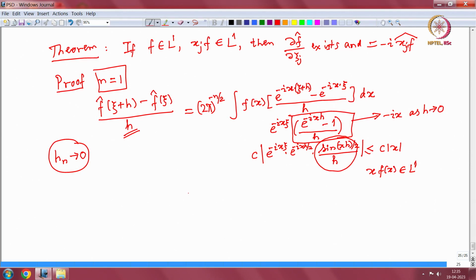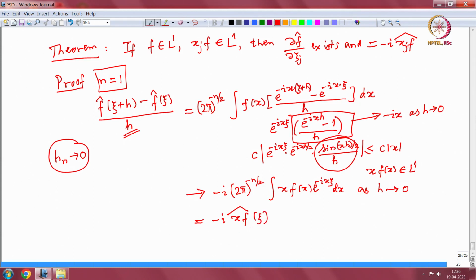So, by the dominated convergence theorem, this goes to minus i 2 pi to the minus n by 2 x f x e to the minus i x j, as h tends to 0, and that is precisely minus i x f hat.